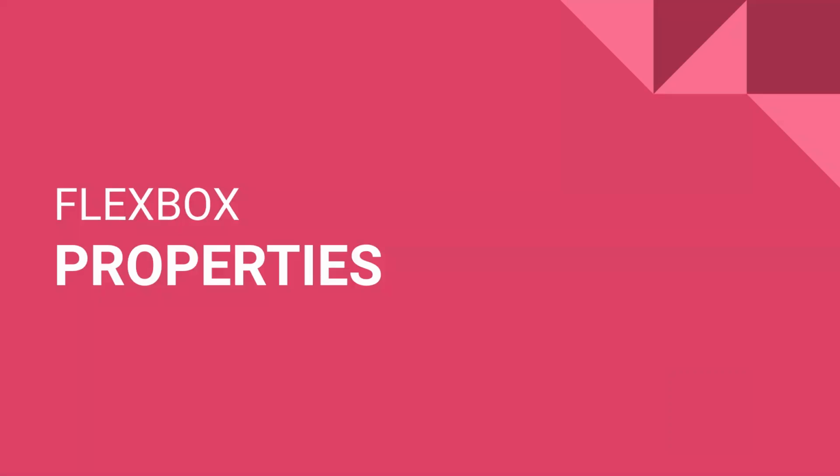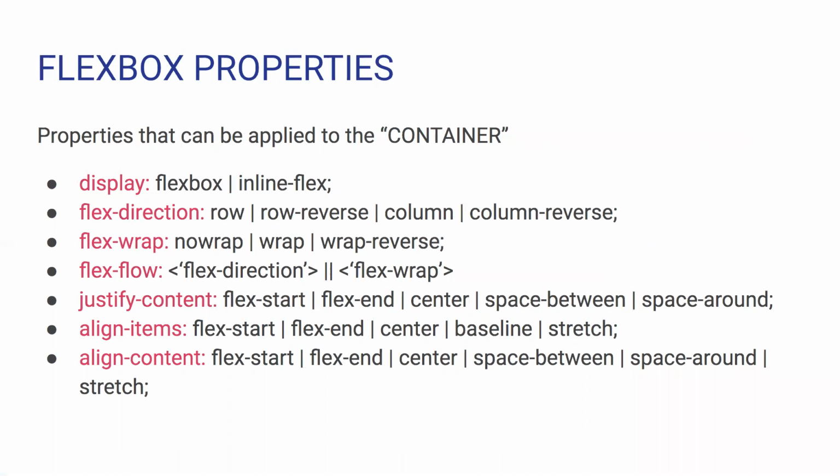All right. So Flexbox properties. By properties, I just mean the statements and the syntaxes, and they can be divided into two categories. One is for the container and one is for the item elements, right?